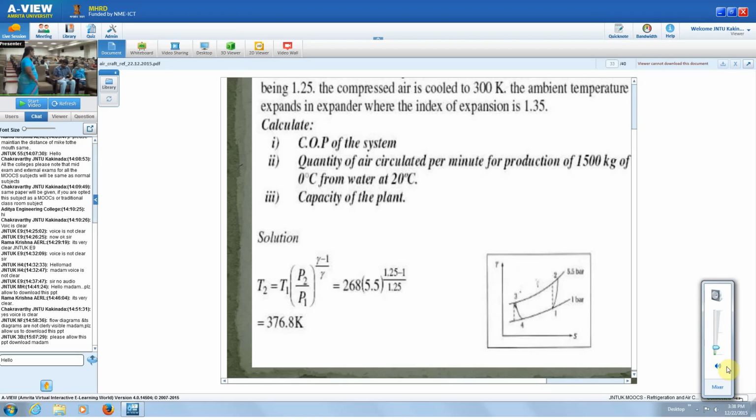And sometimes instead of giving the polytropic index, the isentropic efficiency of the compressor will be given. In that case, first you have to assume that the compression process is isentropic. First find out T2, then find out the actual exit temperature from the compressor from the isentropic efficiency of the compressor. Here directly the index is given, so you can directly substitute 1.25.